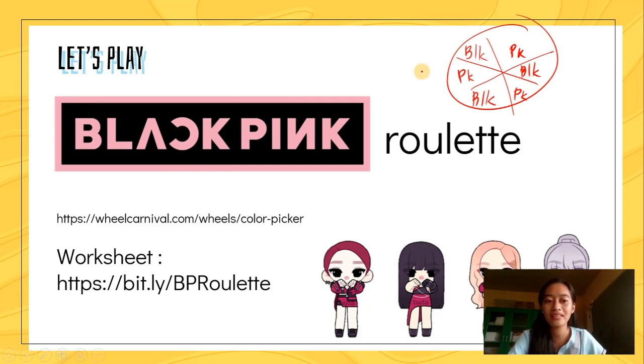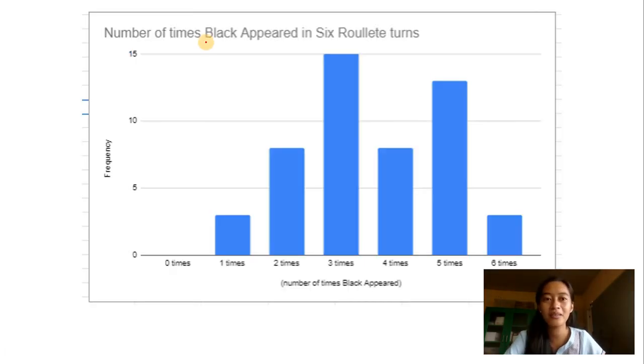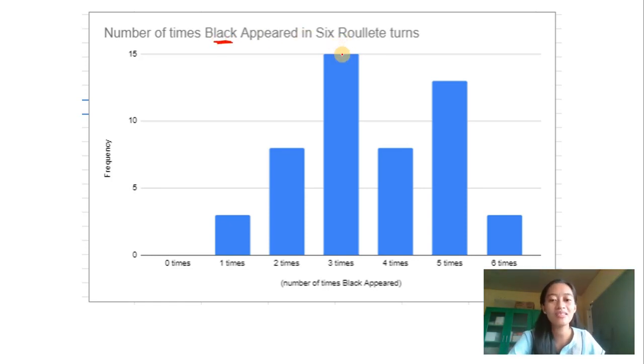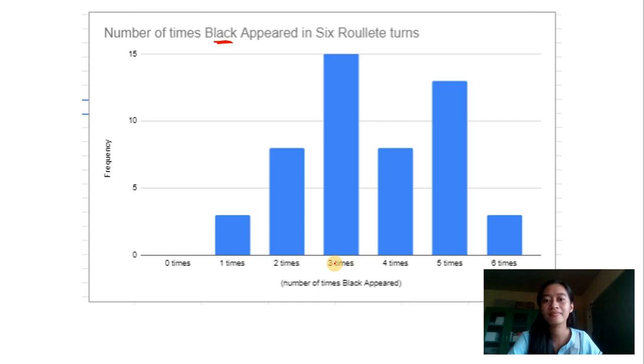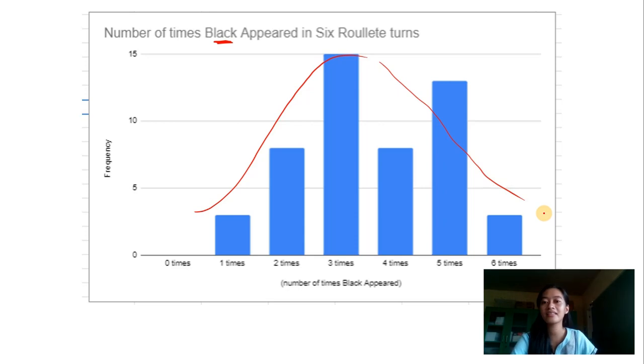So in every 6th turn, out of the activity we had this: the number of times black has appeared in 6 roulette turns is this. So observing this bar graph, we can see that there's a general pattern of something like this.